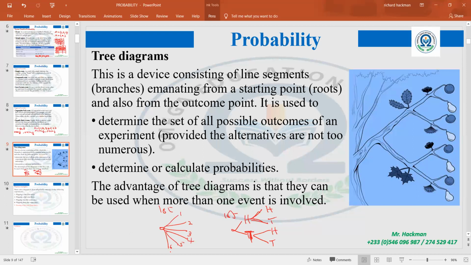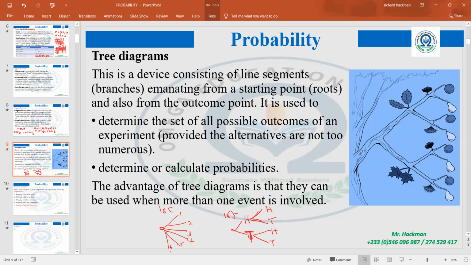If I give you 1 up to 10 for one event, and maybe 3 up to 12 for another event, and I ask you to find the compound event and give me the possible outcomes, because the possible outcomes in each simple event will be numerous, it is not convenient to use the tree diagram. Though you can use it, it will not be convenient.